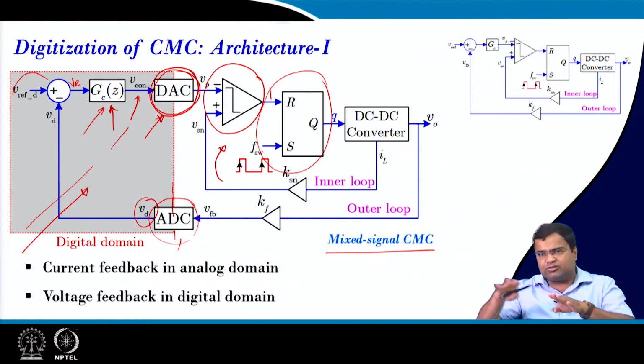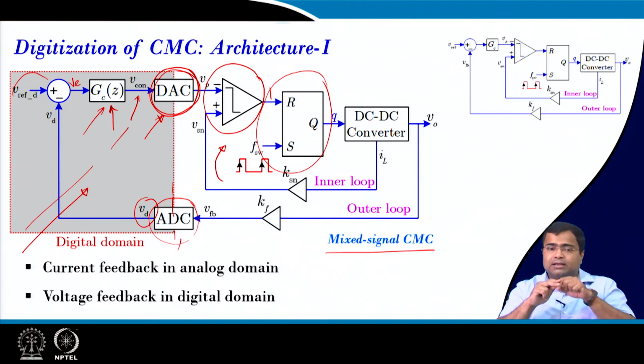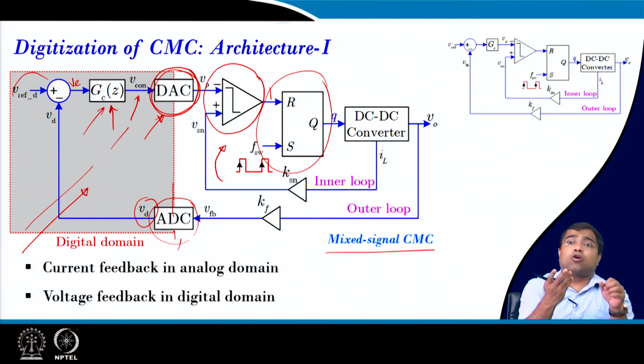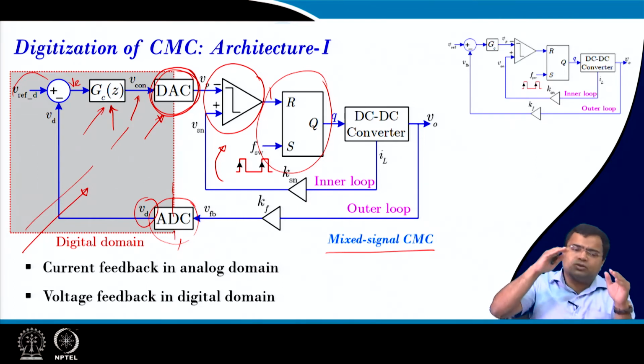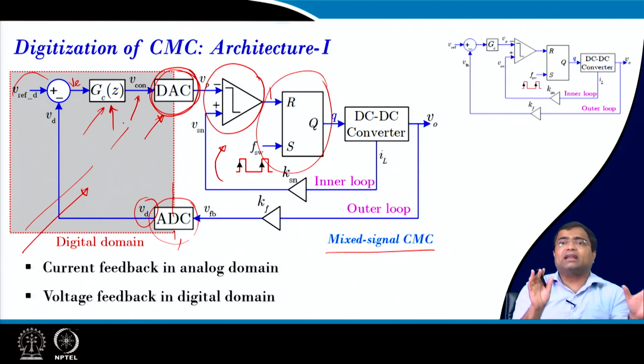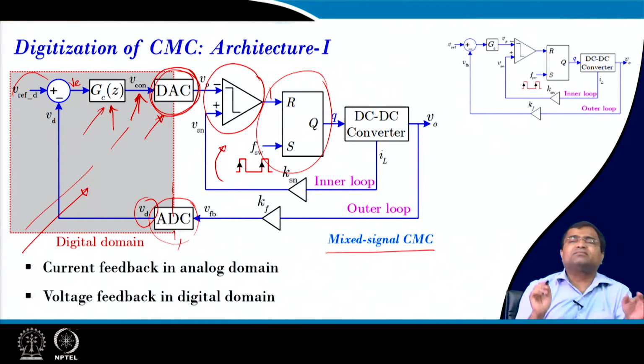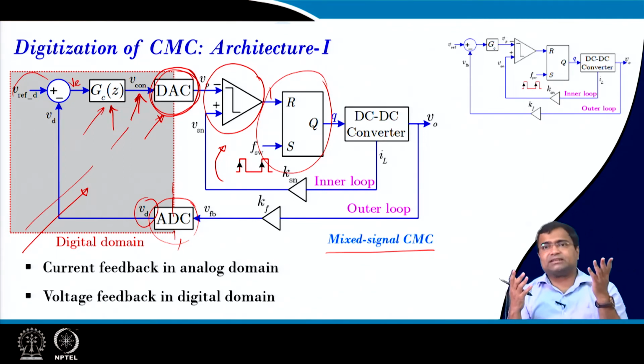So you can keep the actual inductor current limited by using an external command. That means you can command that I want to limit the current to 4 ampere or 10 ampere or 15 ampere. So this is much more flexible, by just a command line, because this is ultimately a number which you can adjust through a register.